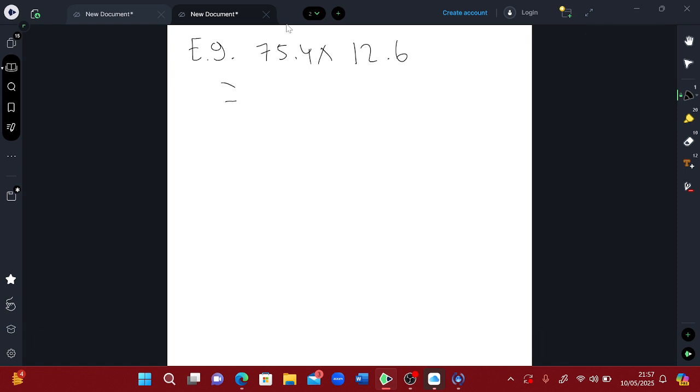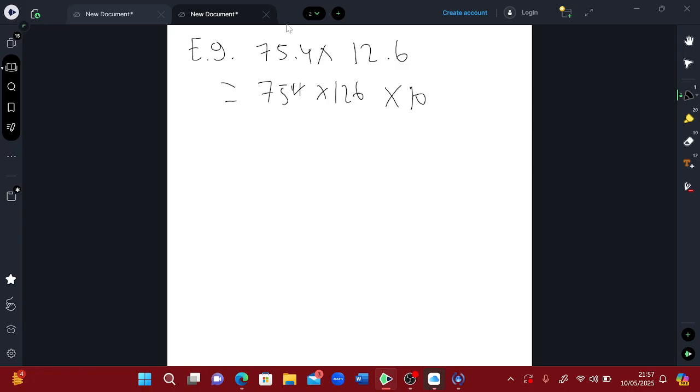So now we'll look at example decimals. So let's look at 75.4 times, say, 12.6. The idea with this is, first of all, when you use long multiplication, you're going to need to use it with integers, whole numbers. These are decimals. So what you can do is say this is the same as 754 times 126 times by 10, so kind of using standard form here.